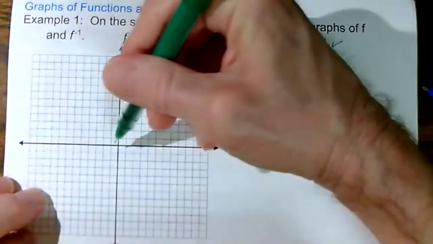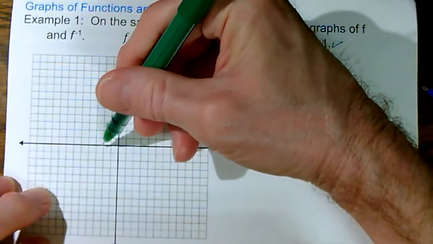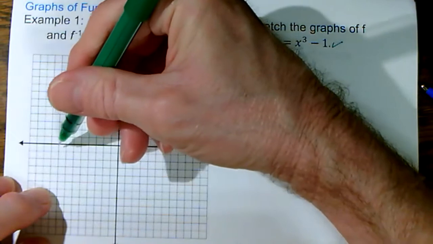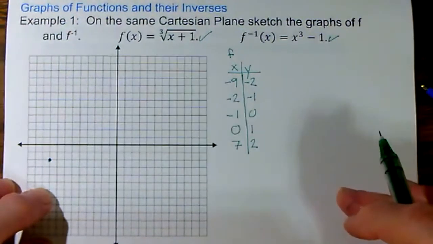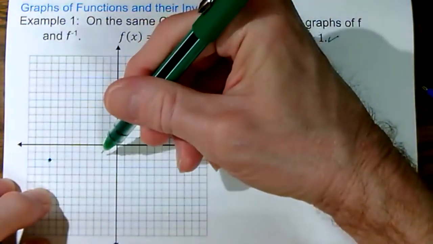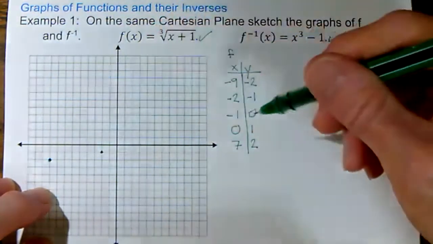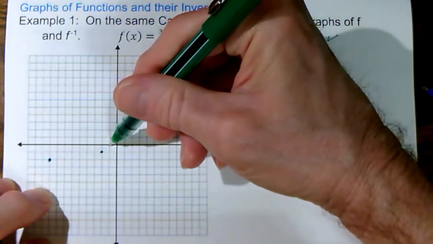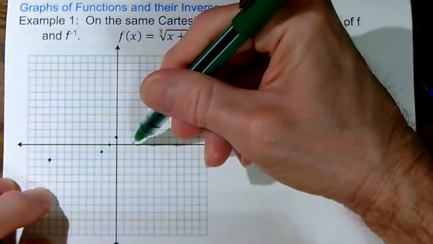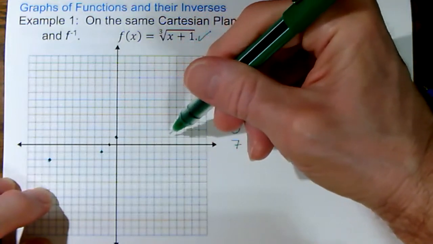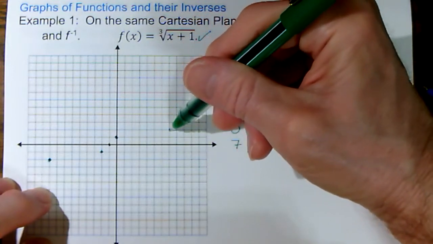Let's plot these points. -9, -2 would put me right there. -2, -1 puts me right here. -1, 0 puts me right here. 0, 1, and 7, 2 puts me right there.